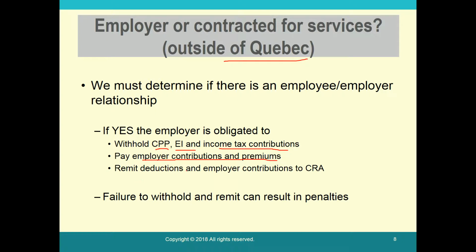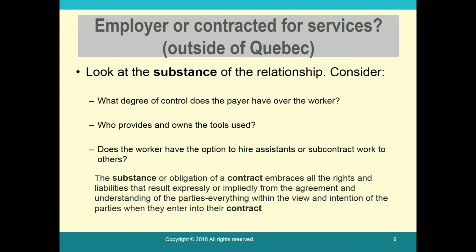And then remit the deductions and the employer's share to the CRA, Canada Revenue Agency, and there are certain rules on whether it has to be on the first week or before the 15th of the month. If there is a holiday, then it goes to the following day, but we will talk about that. If someone does not do that, there are penalties, and we will discuss that in due course.